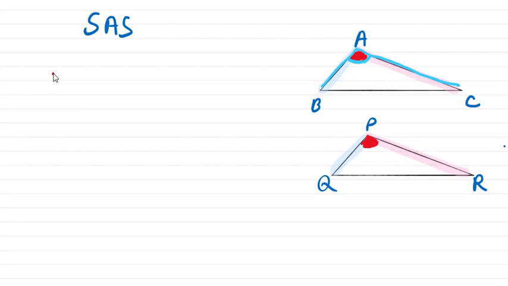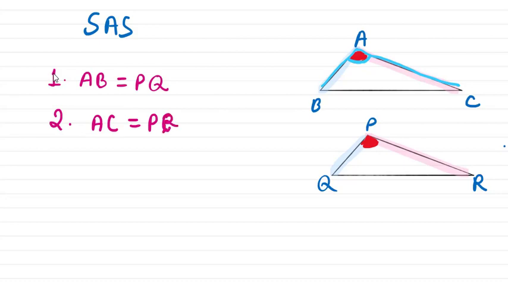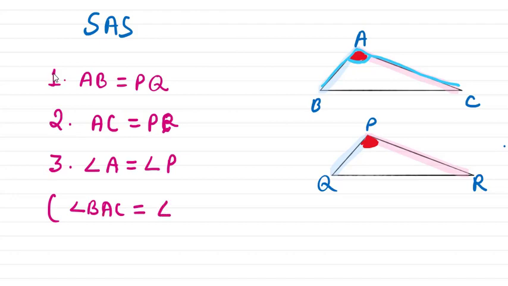So here you'll mention that side AB is equal to PQ, that is given to you. Second, you will see the condition that another side AC is equal to PR of the other triangle, and also the angle containing these two sides is equal, that is, angle A is equal to angle P. Or you can also write this as angle BAC equals angle QPR.